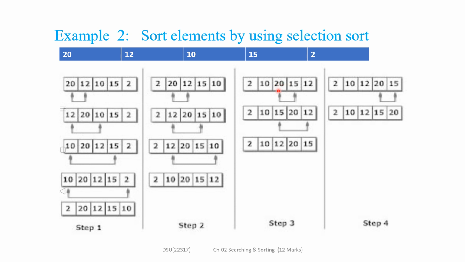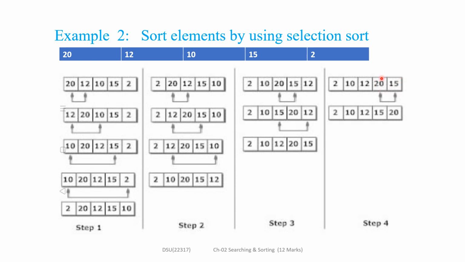In pass 3, the third element is compared with the fourth, and the third element is compared with the fifth. After this we will get this list. Okay, and in pass 4 we get the sorted list: 2, 10, 12, 20 and 15.